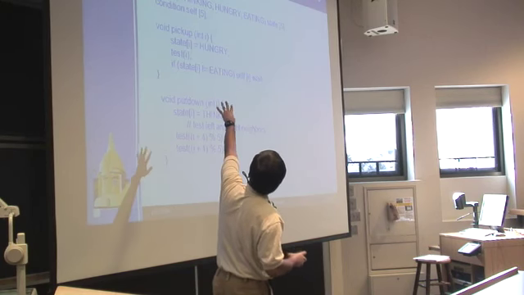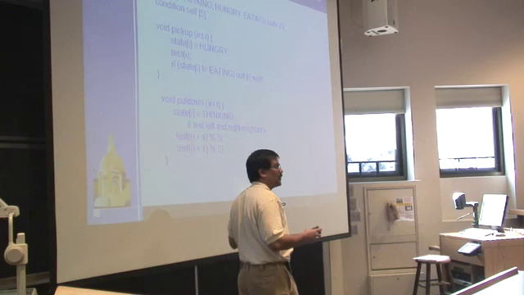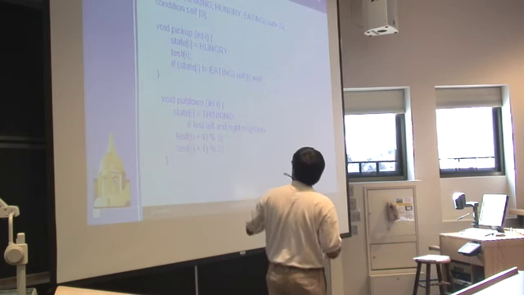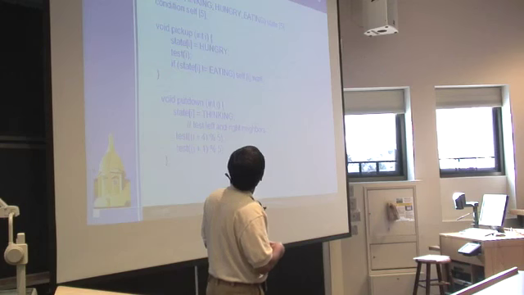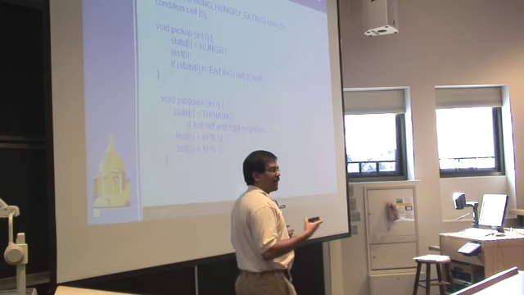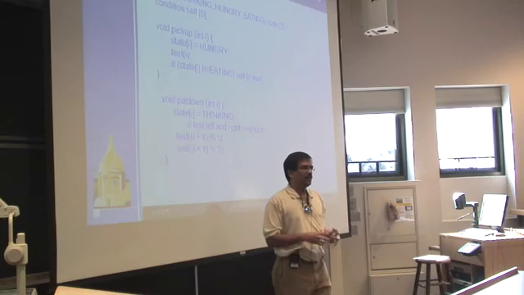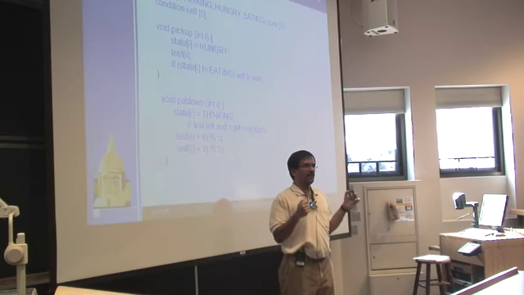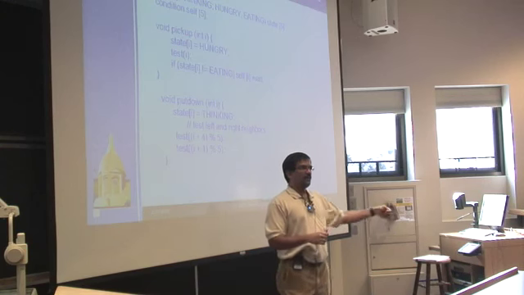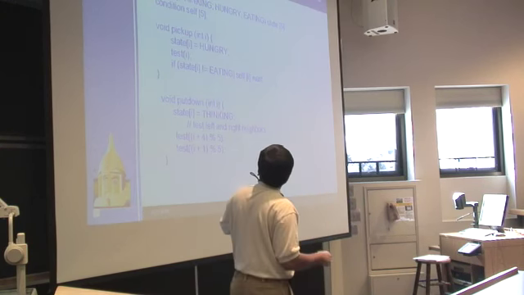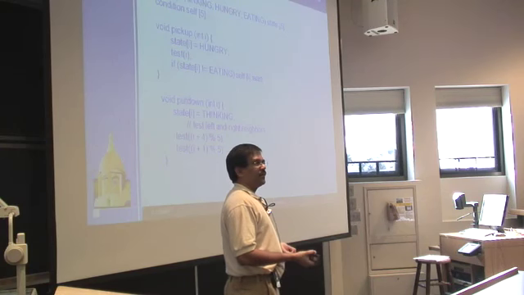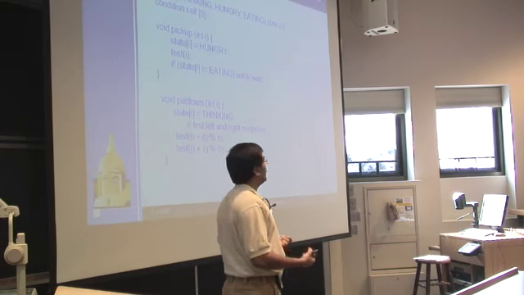So there are two operations. One is put down, and one is pick up, right? Pick up is when you want to eat, you want to pick up the fork. If I want to pick up a fork, I first change my state to hungry, because I need to be hungry to start eating, right?